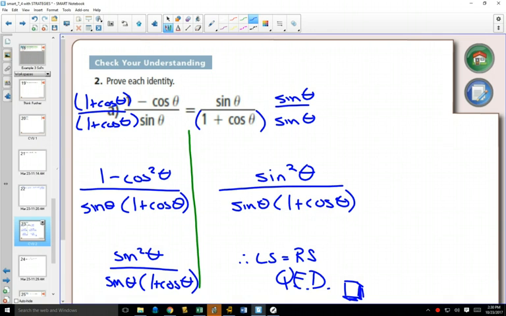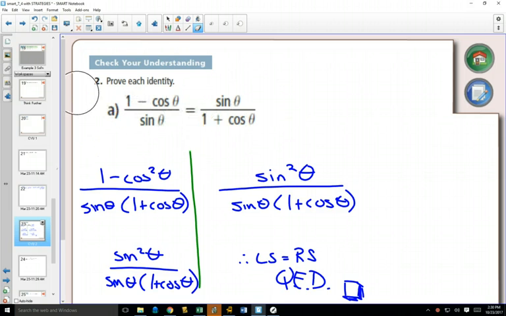So this is a good example of where the build the other side strategy comes in. Now if you look on the worksheet that we had, there's a couple of places where the build the other side strategy comes into play, and there's a couple of shortcuts to be able to see where in particular it would be really helpful to use. For example, in this one, if I just erase what I have up here. Now, you know that you're not allowed to work from one side to the other.